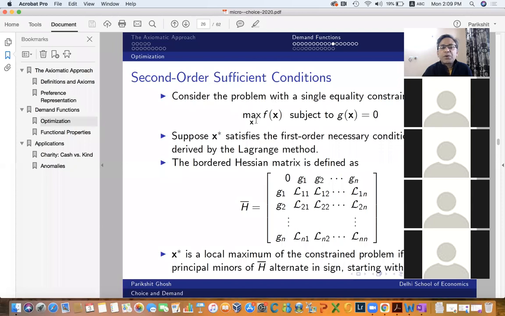So consider a problem of this form, a general mathematical constraint optimization problem. We are trying to maximize some function f of X, where X, again, is a vector of many different variables, subject to g(X) equal to 0. So g is the constraint function, f is the objective function that we're trying to maximize.